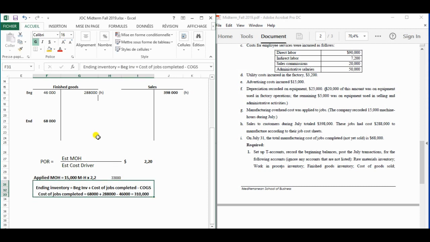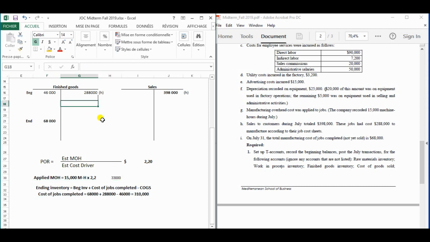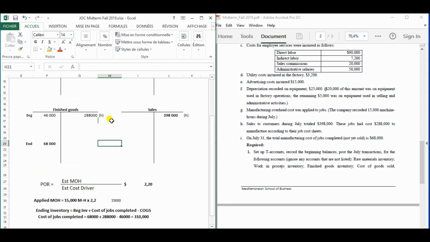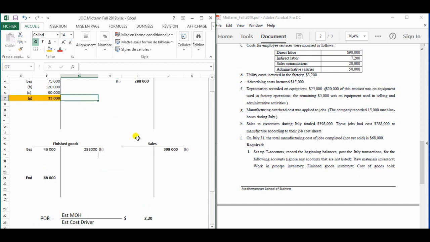Okay, so this amount will be recorded in the credit side of work in process, so $310,000, and in the finished goods.